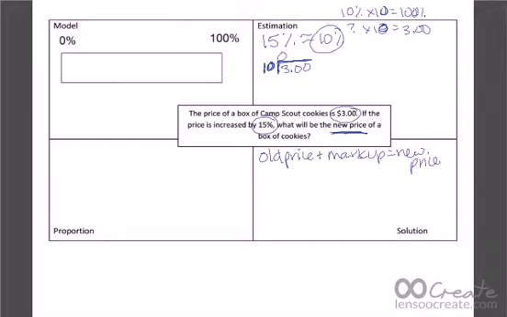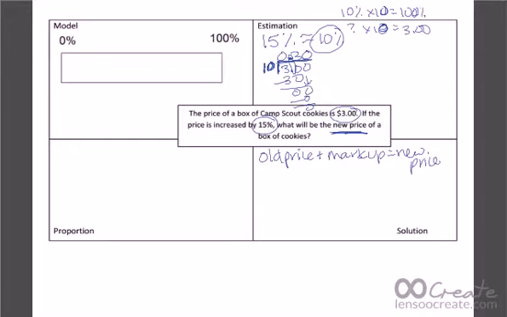10 can't go into 3. 10 goes into 30. 3 times 10 is 30. 30 minus 30 is 0. Bring down a 0. 10 goes into 0, 0 times 10 is 0. Remainder is 0. My decimal walks up. It has to be above where it is inside the house.